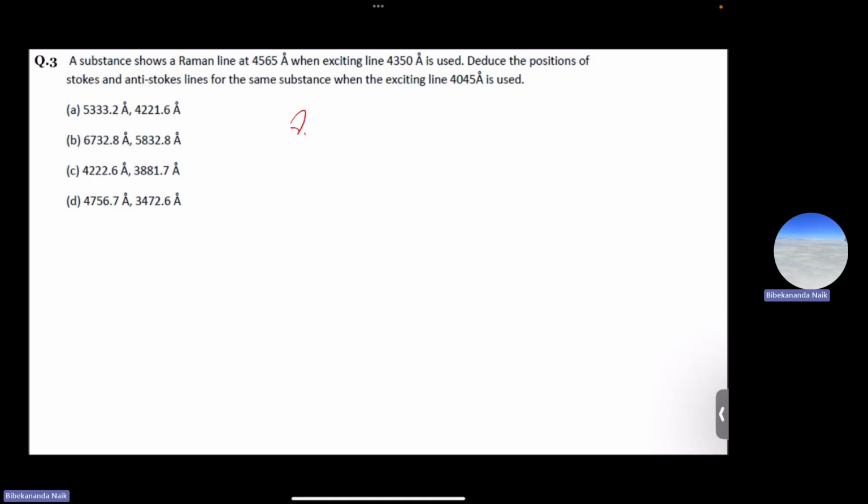So in the first case, the exciting line wave number will be 1 by 4350 Armstrong, which is 10 to the power 8 divided by 4350 centimeter inverse, which is 22,946 centimeter inverse.